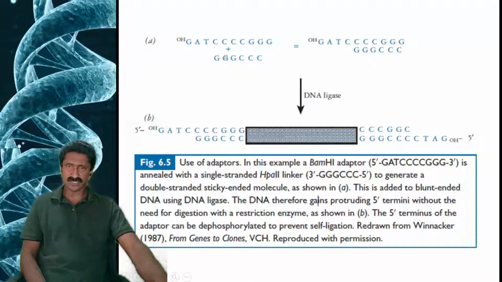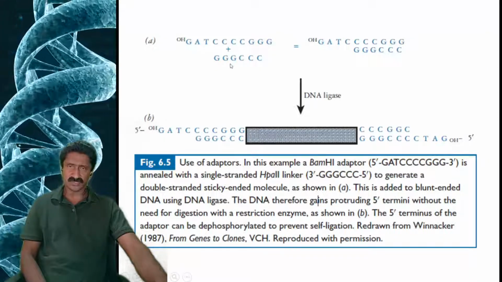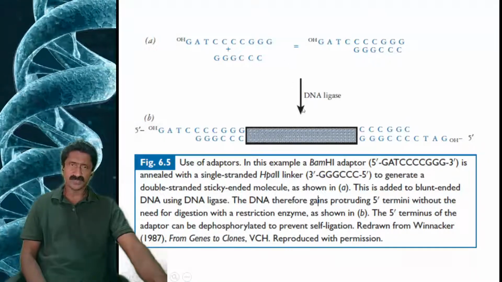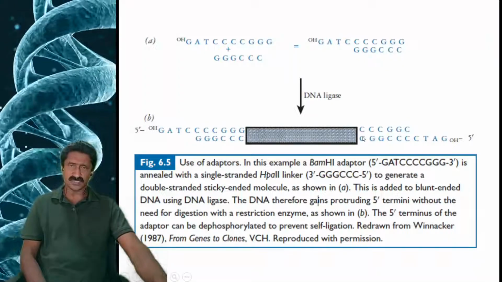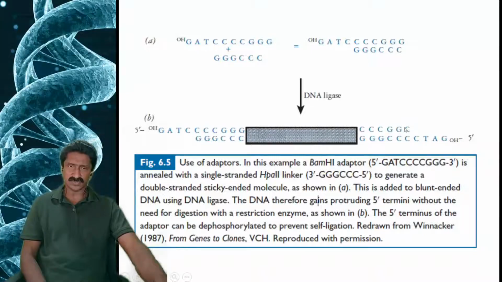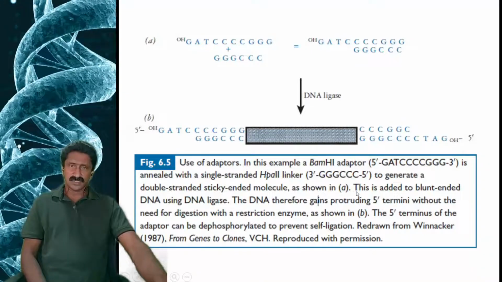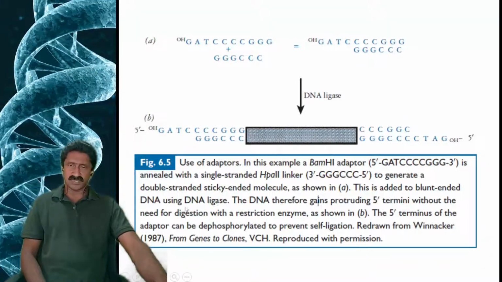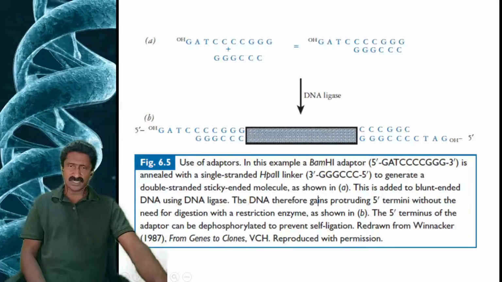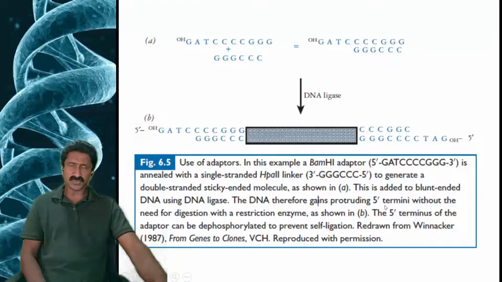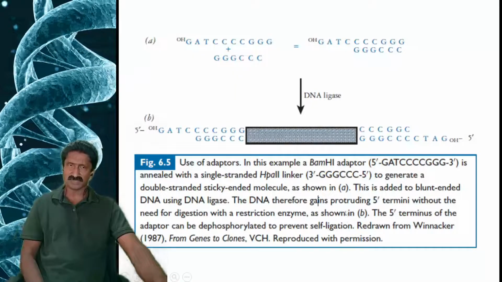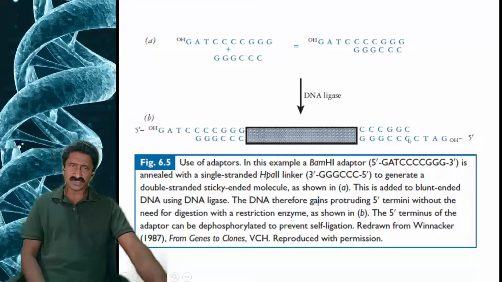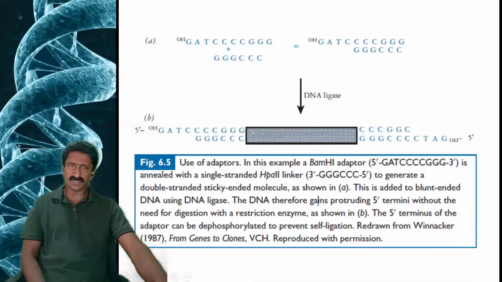So this is another linker molecule, and the BamHI adapter is joined with this one. Then DNA ligation is used for attaching this molecule on both ends. So this is added to the blunt DNA using DNA ligase. The DNA therefore gains protruding 5' termini without the need for digestion with a restriction enzyme.